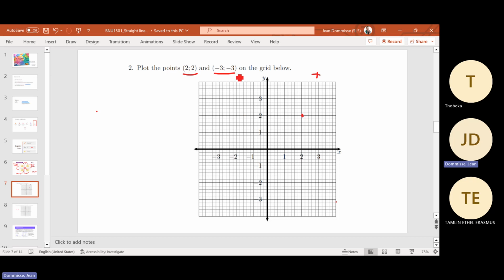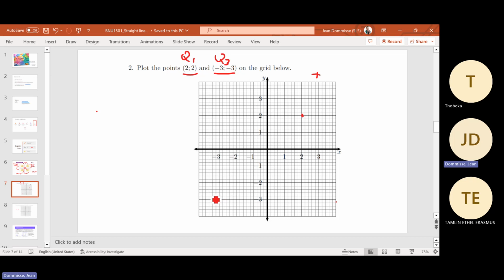Then the second plot that we need to do is -3 and -3. So again, from the previous grid, -3 is in quadrant 3. So now we're sitting it in this quadrant.